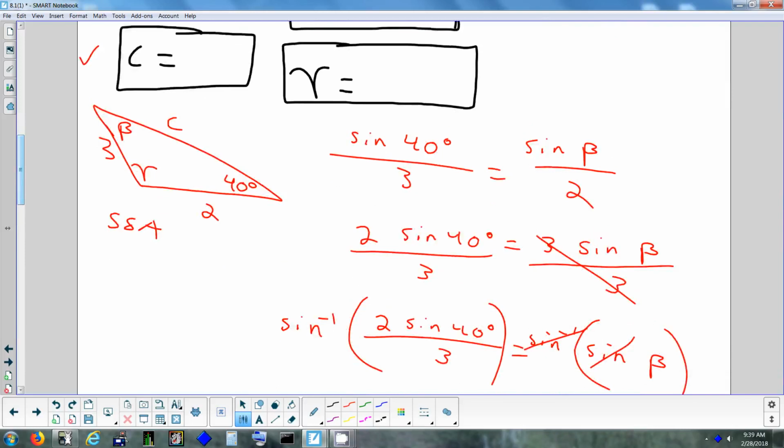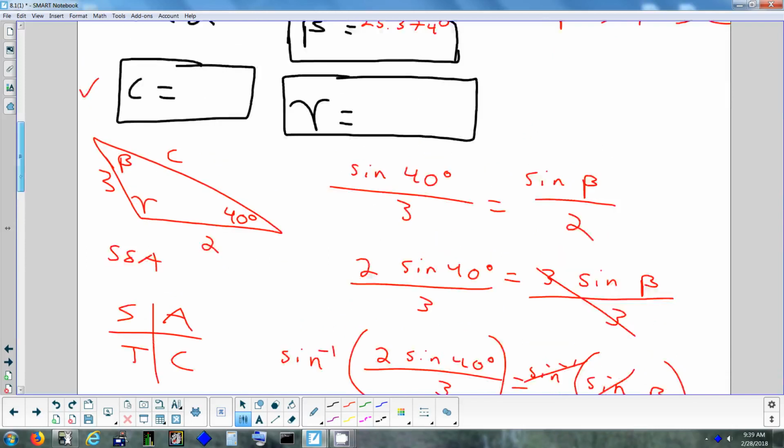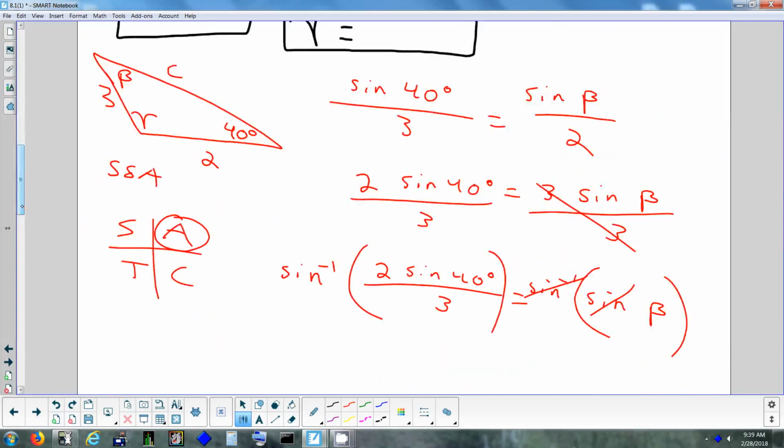Did you do 180 minus the reference? Yes, you have to check for a second answer. Whenever you do inverse sine, if the answer is in a quadrant, which this one definitely was, 25.374, you have to check the other quadrant.